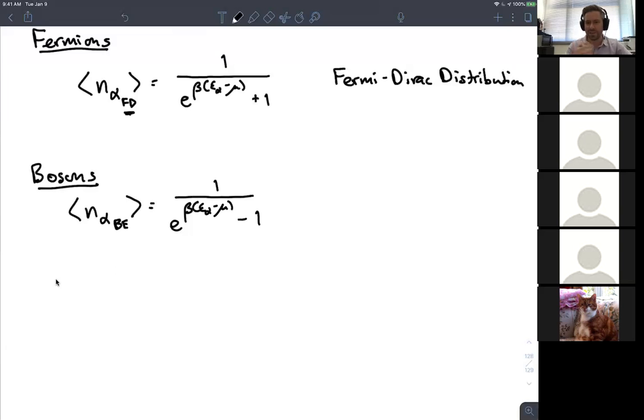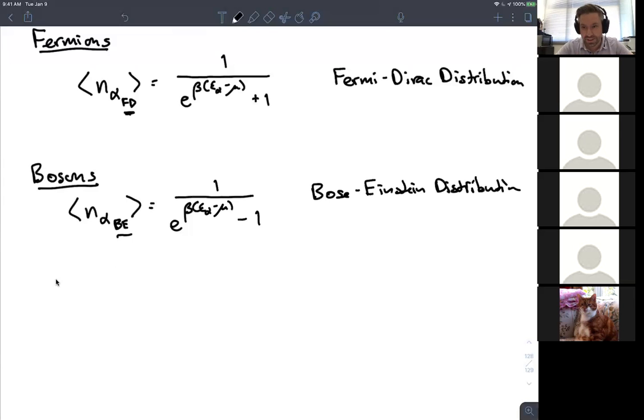So it looks almost exactly the same. It's just got a minus sign instead of a plus sign. And this is what's referred to as the Bose-Einstein distribution. Again, hence the BE subscript.